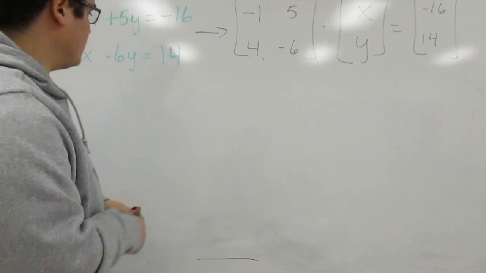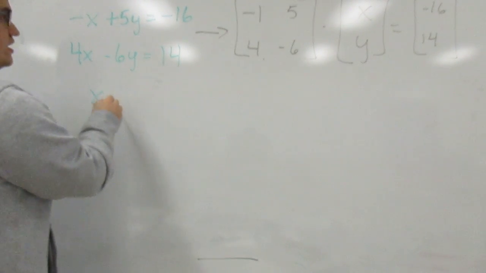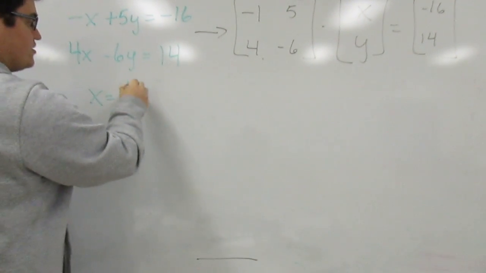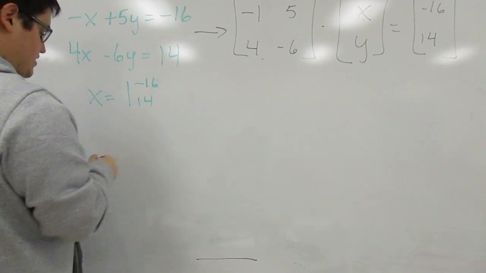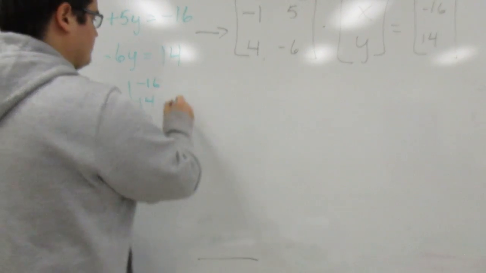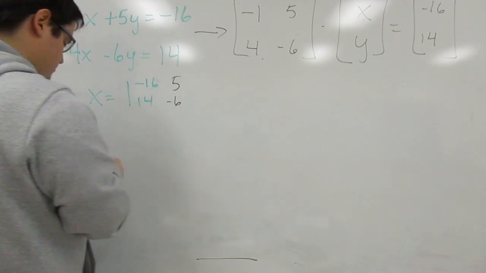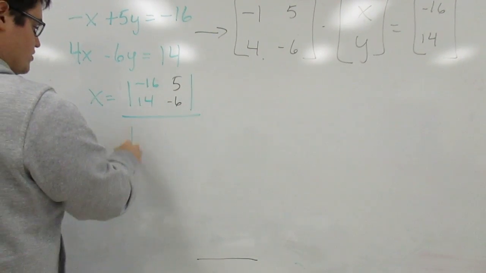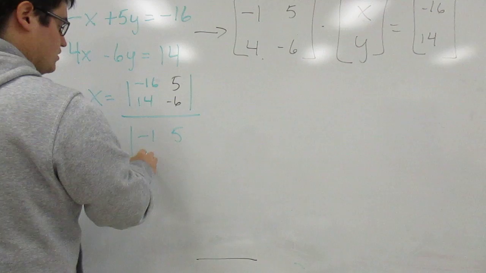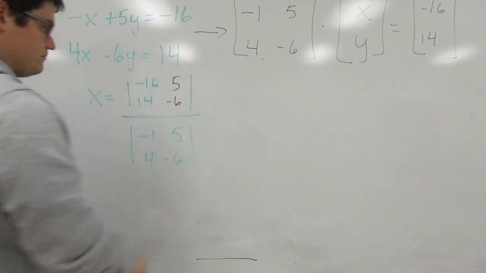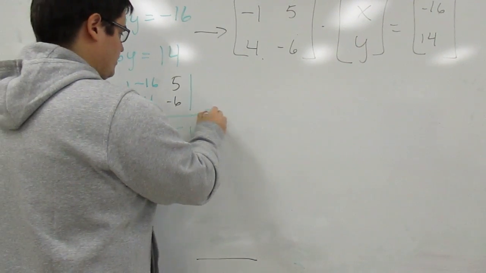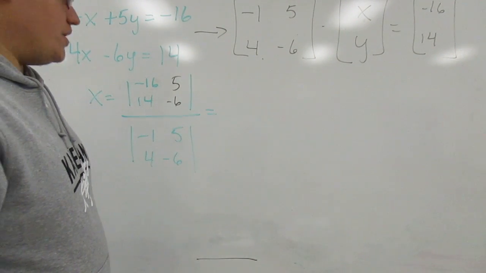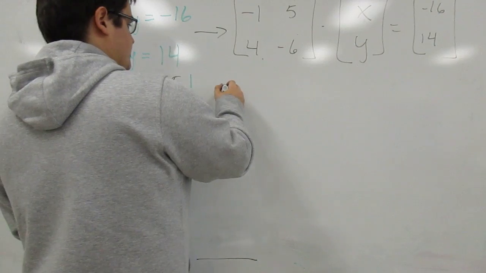Okay? So x is going to equal the determinant, replace the x column with the answers, -16 and 14. Keep the y column the same. Beautiful. And the original one. Okay. This equals, let's see, what? 80 plus 16, so 96.